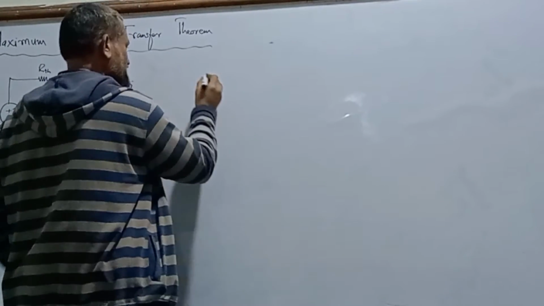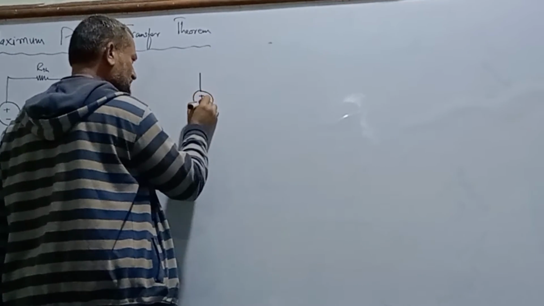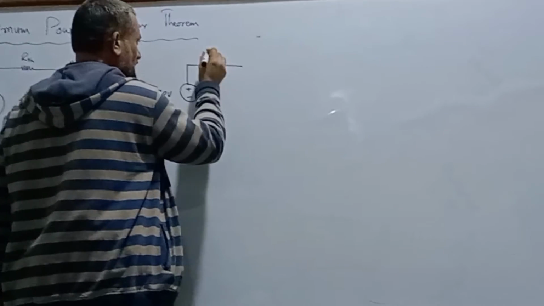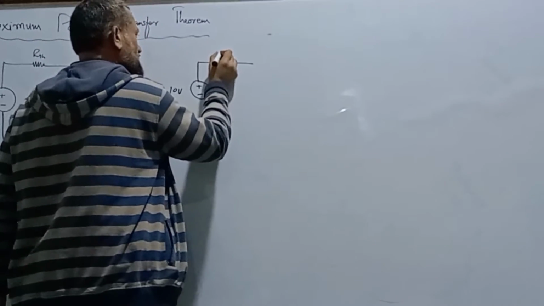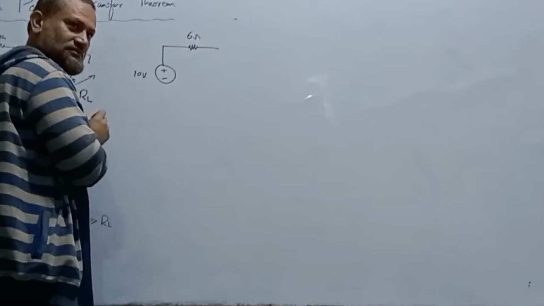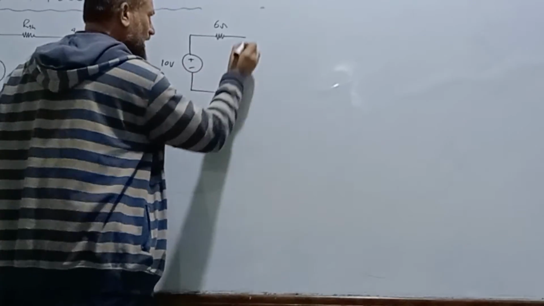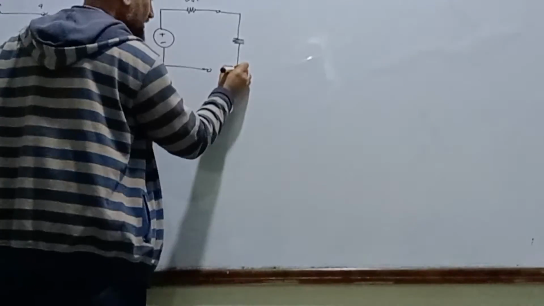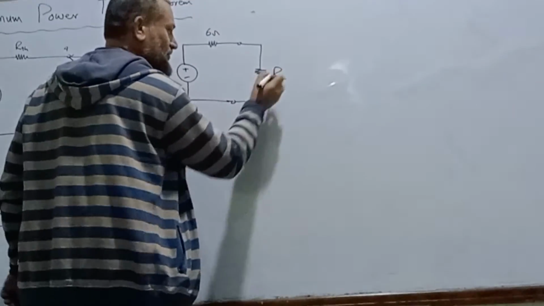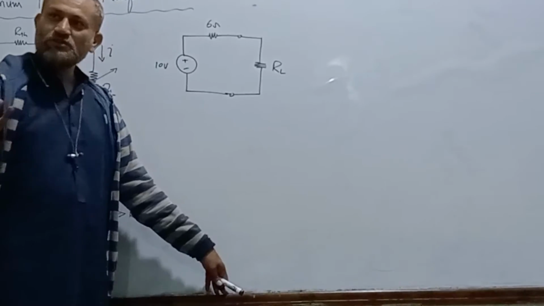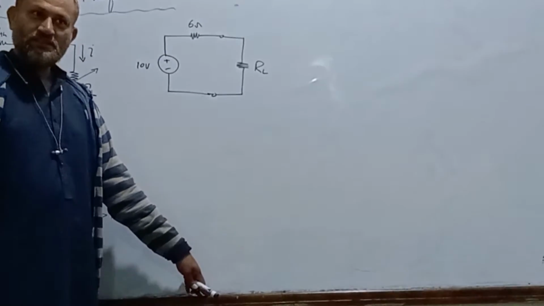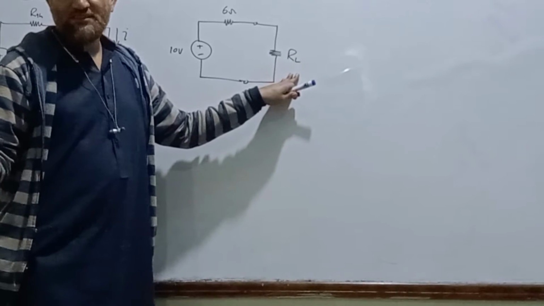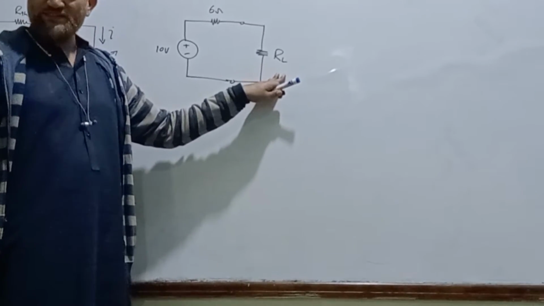Look at over here. For example, plus minus 10 volts, R thevenin 6 ohm, and this is the load. That may be your car sound system speaker, or maybe a transmitting antenna, maybe a receiving antenna.